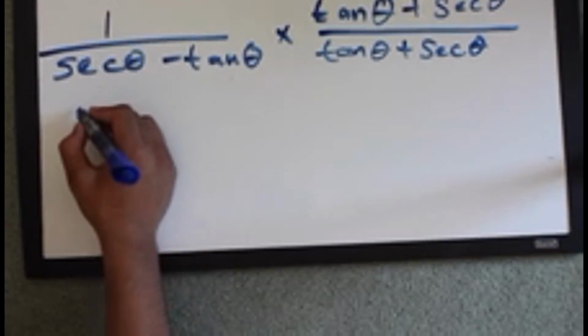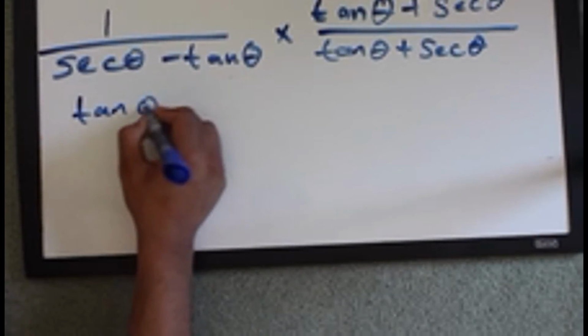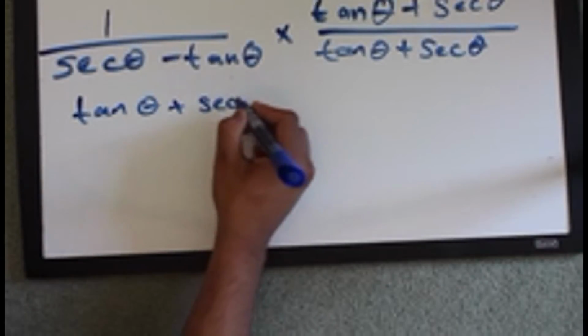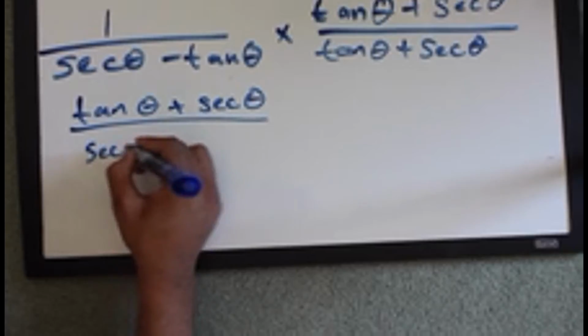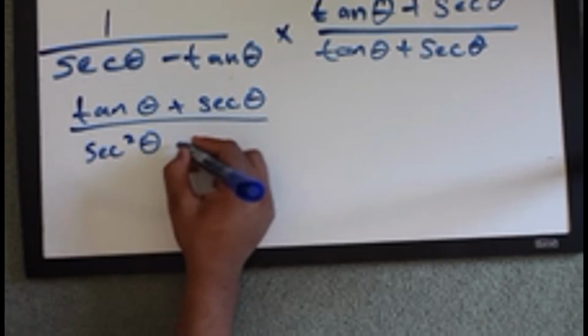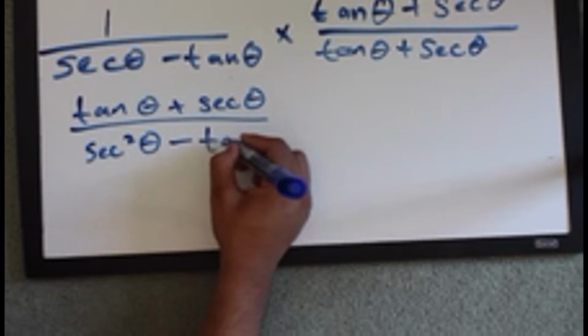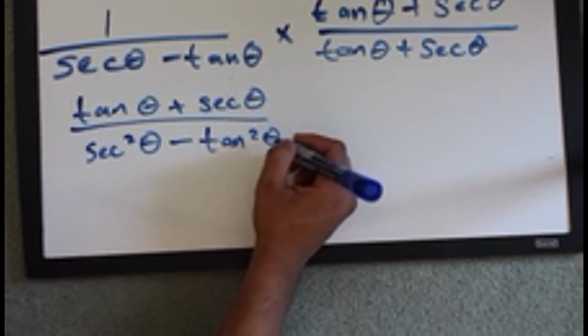Now we get tan theta plus secant theta over secant squared theta minus tan squared theta.